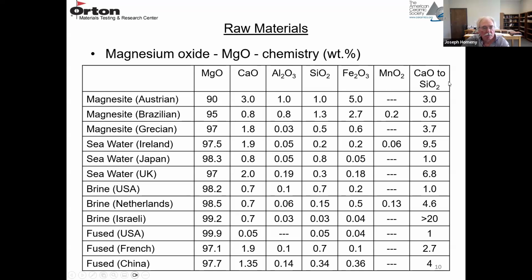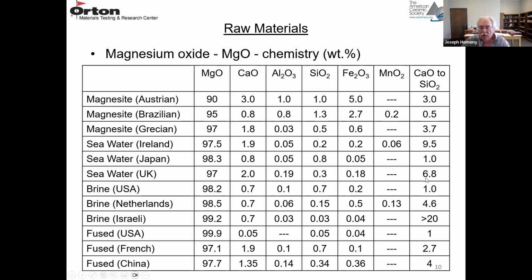So you have these raw materials and they have various impurities. And one of the important ratios in an MgO refractory is the lime to silica ratio. A lime to silica ratio greater than 1.86 is what you want. And I'll go over this in some detail in a few minutes, but it's more desirable to have a lime to silica ratio greater than 1.86.